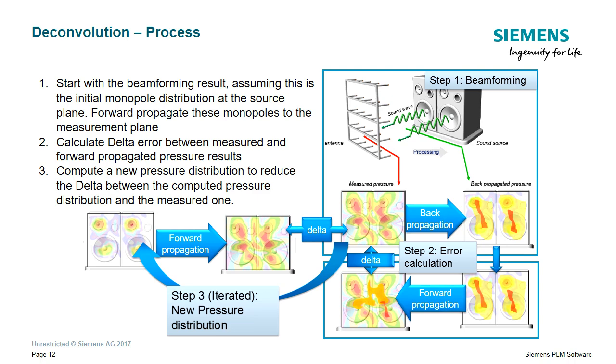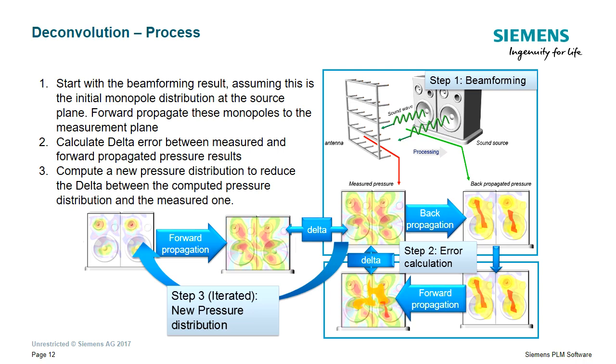And of course it's different. There's a difference between the two. And based on that difference, we will change the position of those monopoles a little bit, such that they better match the sound field that we really measured. So we do that in a couple of iterations until we are satisfied with the result, or the difference is small enough, or we satisfy some kind of a stop criterion.